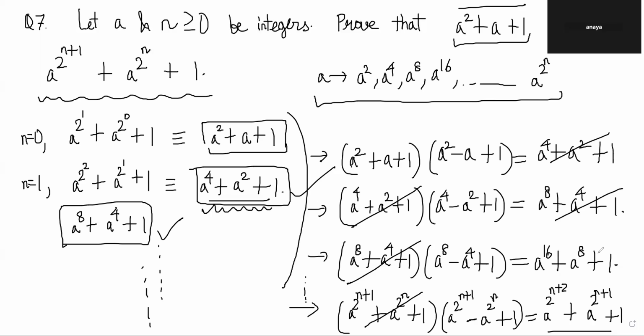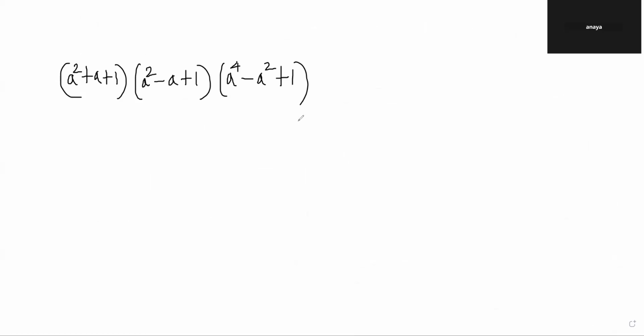So you can show that a square plus a plus 1 times a square minus a plus 1 times a power 4 minus a square plus 1. All the second terms are still there. The first terms got cancelled.